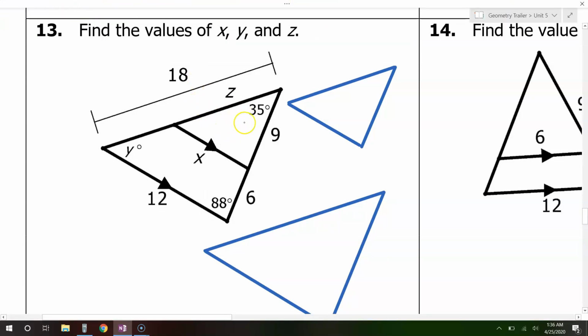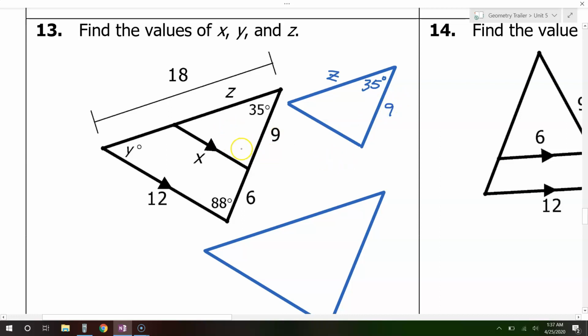as best we can. So on the small triangle, I see that we have a Z. We have a side Z right here. I see we have this 35-degree angle. And we have a 9 over here on the right-hand side.